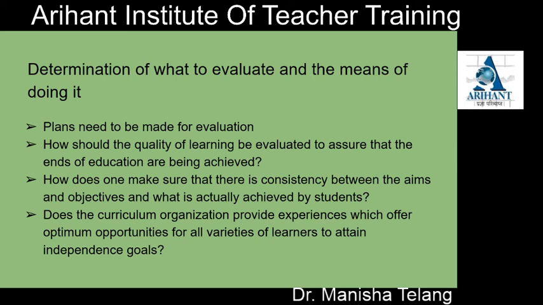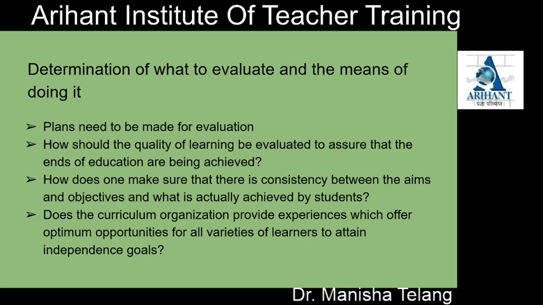Now, determination of what to evaluate and the means of doing it. The evaluation is related to the stated objectives. The focus of evaluation has to be on the quality of learning that has occurred, and hence the aspects considered in evaluation are what we expect the learner should have attained and how we can assess whatever he has achieved.